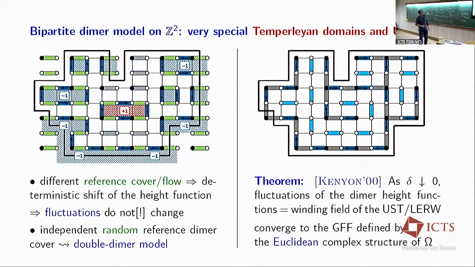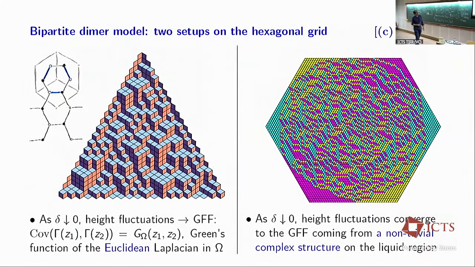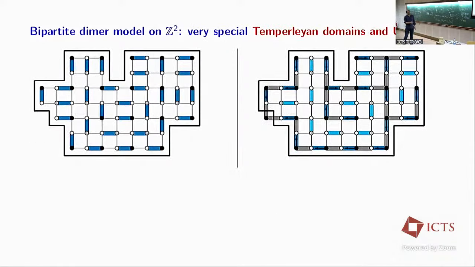Okay, what about the height function? Before, on my previous slides, it was intuitively clear how to define the height function. This description of dimer configurations through functions was just immediate from the picture. So when I'm on the square grid, maybe I should do something in this respect.